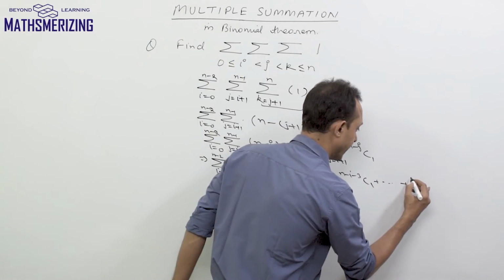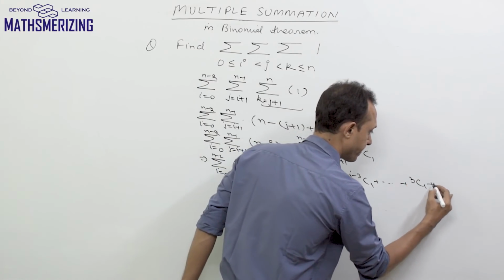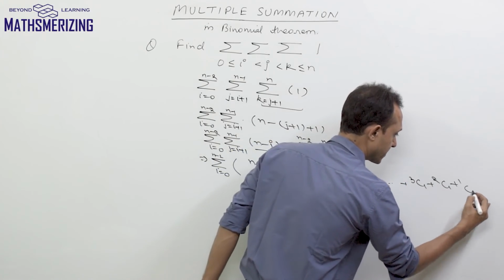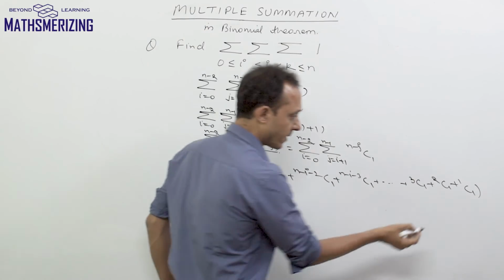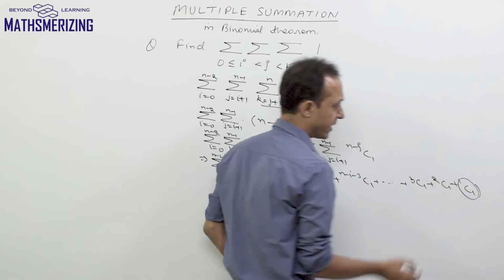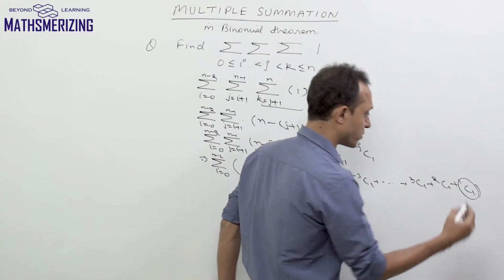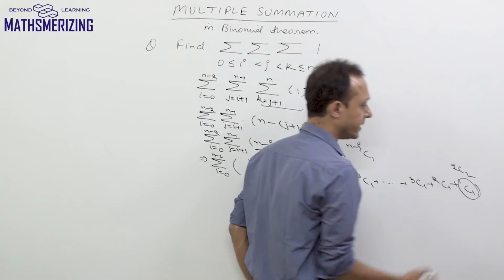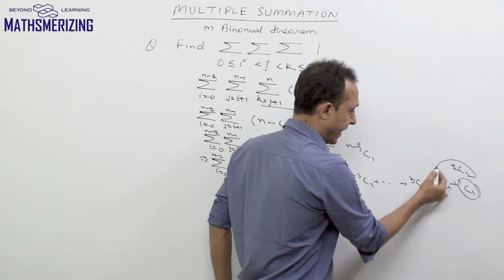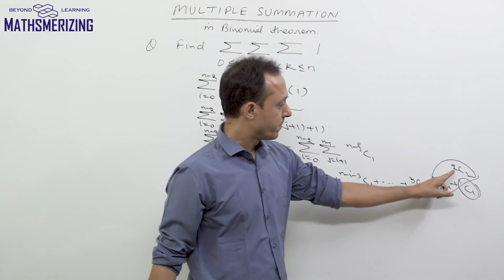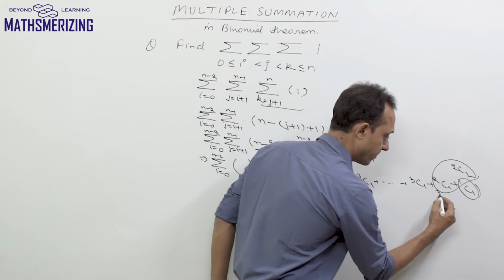So before that I'll have 3 c1 plus 2 c1 plus 1 c1. So that's my series. What I'll do is replace this 1 c1, because I know 1 c1 is simply 1, with 2 c2. So nCn is simply 1. If I use the property where n is the same and r differs by 1, it will be 3c2.